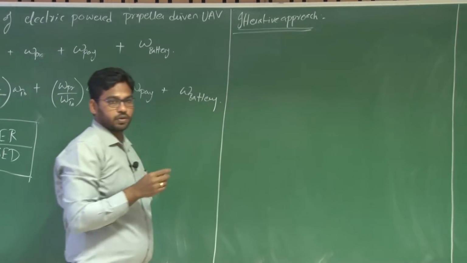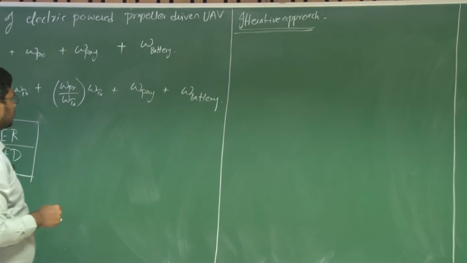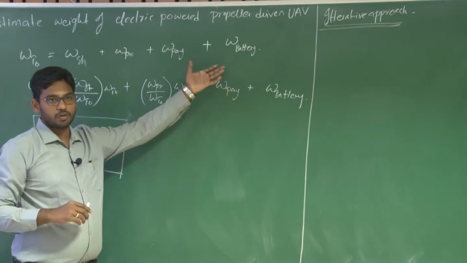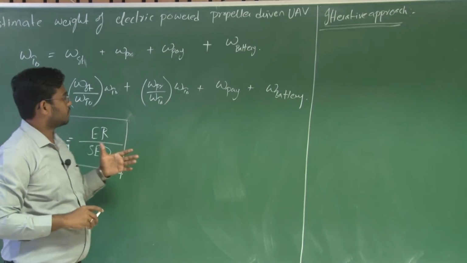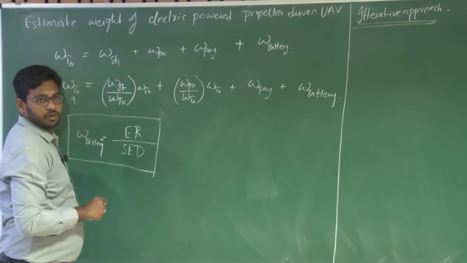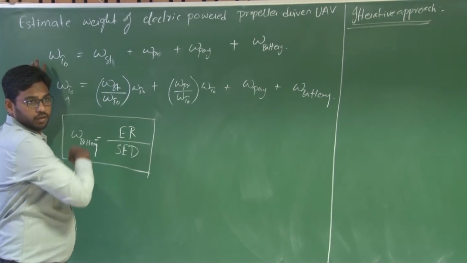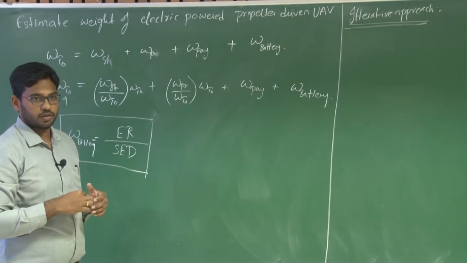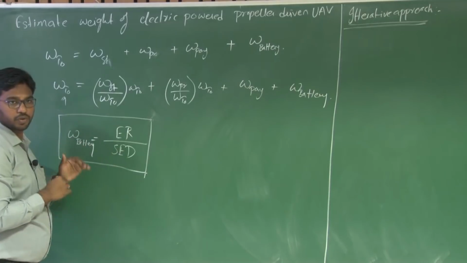So how are we doing this? Based upon the weight of the payload or the mission requirement, you can consider a nearby UAV, a UAV which can perform a similar mission, may not be the same, but close to that, right? You can consider the data of those UAVs.